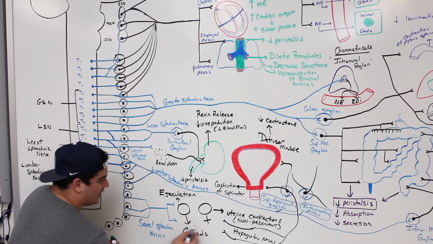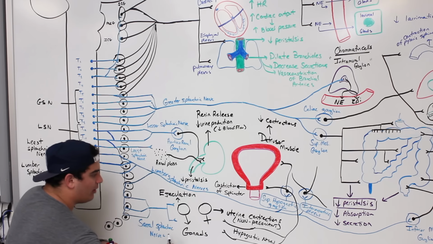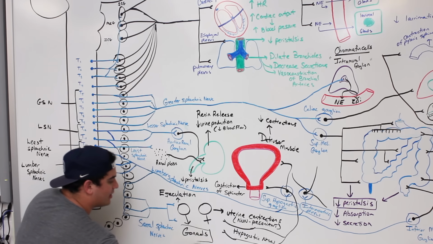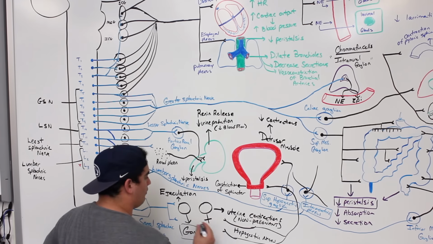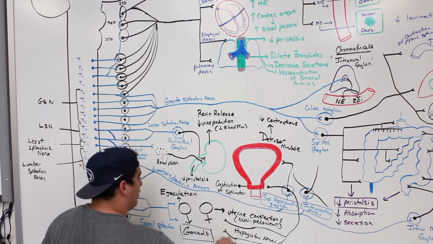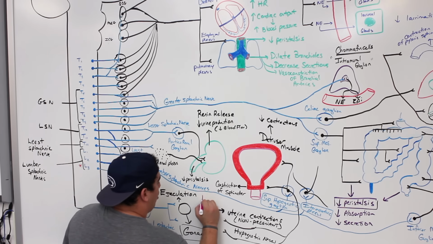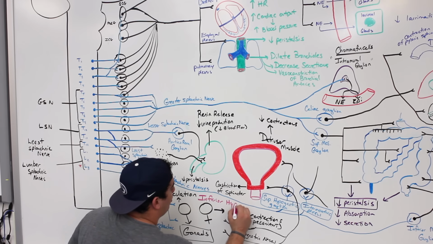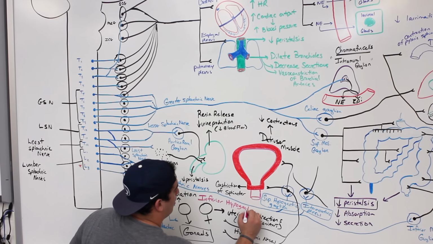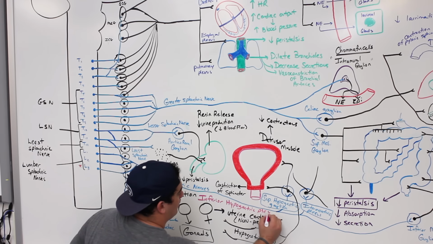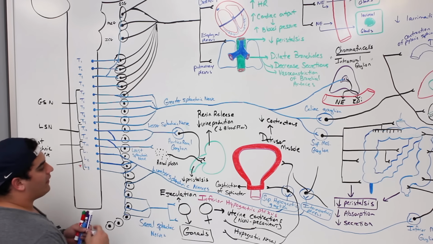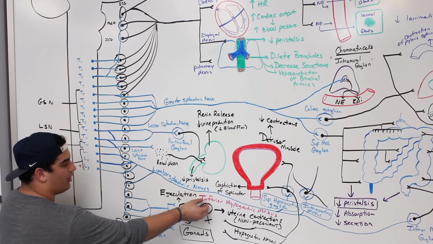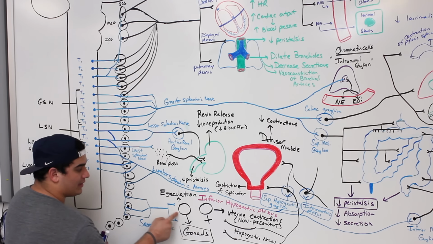And the main contributor that innervates the gonads, let's actually put this one in pink so that we can brighten it up here, is called the inferior hypogastric plexus. Okay, so the inferior hypogastric plexus is the main nerves that are going to supply the gonads, right?